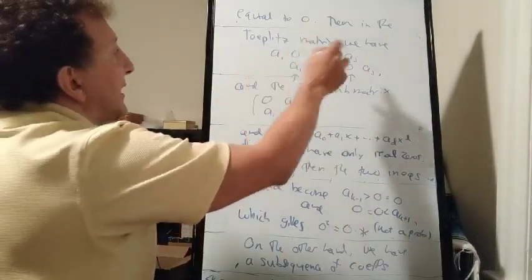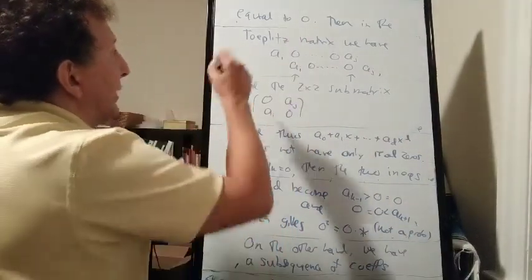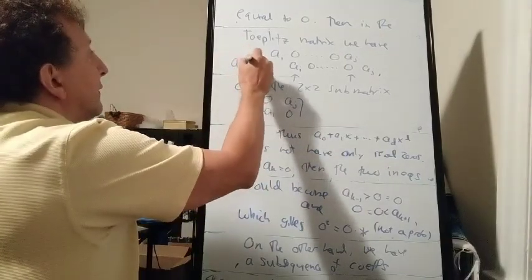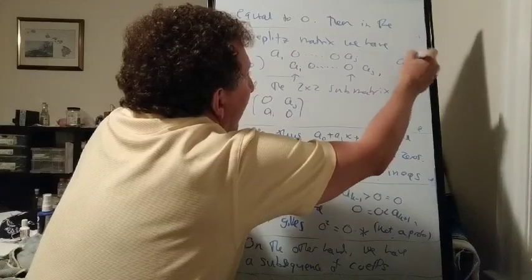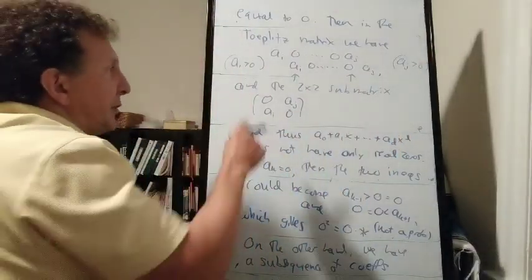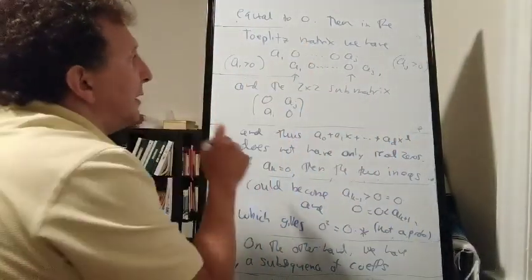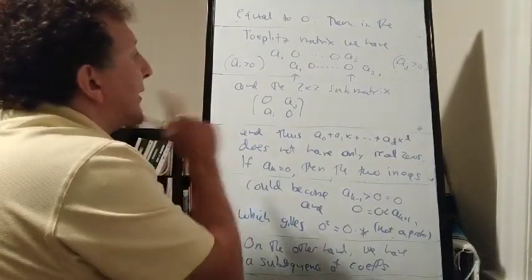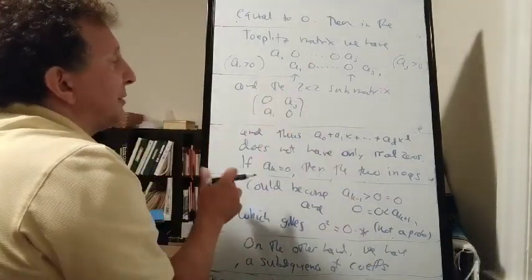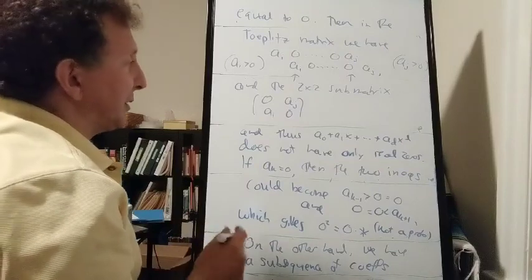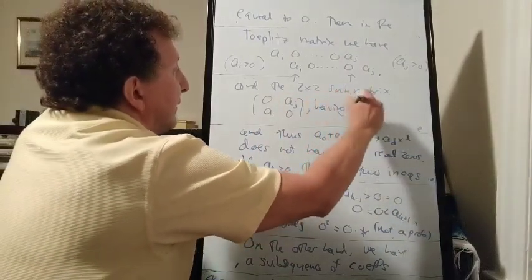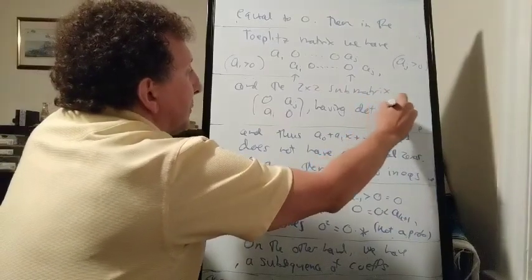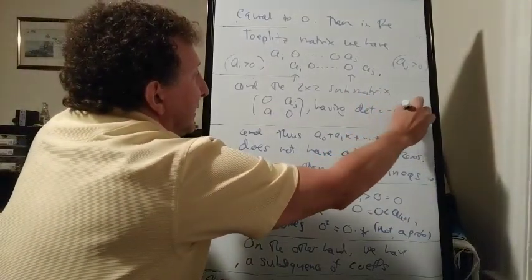So I'm assuming ai and aj are both positive, so the only zeros are the ones I've written in as 0. And we've got this 2 by 2 submatrix inside of a matrix which is supposed to be totally non-negative, but this says determinant equal to minus ai aj.